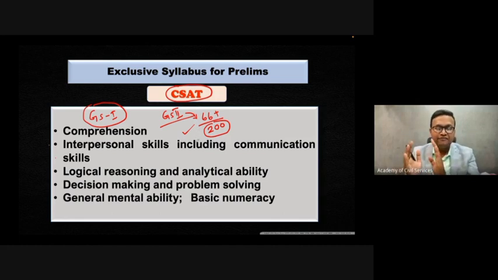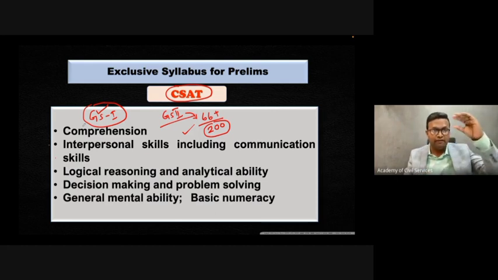Now, after getting 66 or above marks in the CSAT paper, to qualify the civil services prelims examination, the competition lies in GS paper 1. In GS paper 1, you have these subjects: Indian economy, Indian polity, Indian geography, history of India, ecology and environment, science and technology, and current affairs. GS1 is a competitive paper.